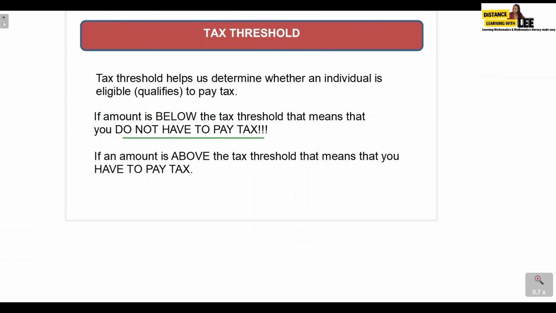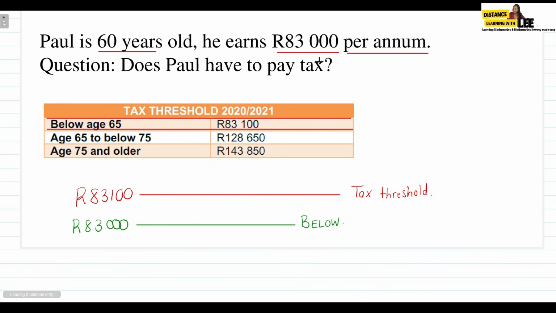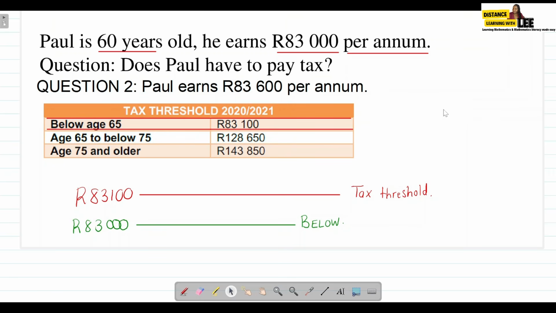Let's just change the question. I added an additional question. Let's say Paul is still 60 years old, and he earns 83,600 per annum. We already know that if you're below 65 years old, the tax threshold is 83,100.